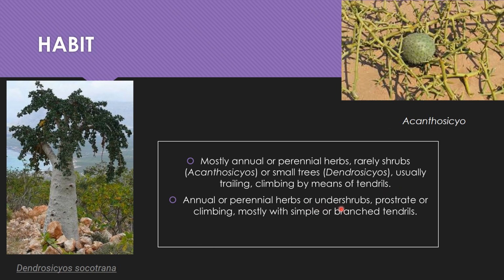Tendril means a slender thread-like appendage of a climbing plant, often growing in a spiral form that stretches out and twines around any suitable support. Right? So tendrils are present in climbers to support the plants, and it is a spiral-like structure.